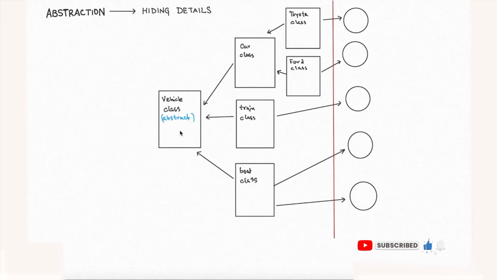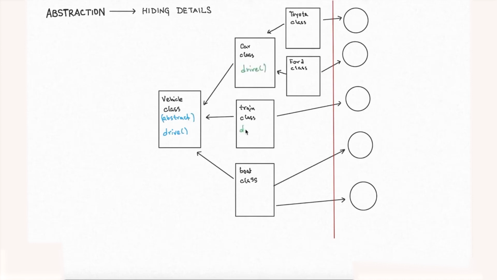What we say is that whoever inherits from the vehicle class must do the implementation of the methods that the vehicle class wants to be implemented. So if the vehicle class wants a drive method as an abstract method, what it is essentially doing is forcing any class that inherits from the vehicle class to implement a drive method. So in that case, the class has to override and implement its drive method.